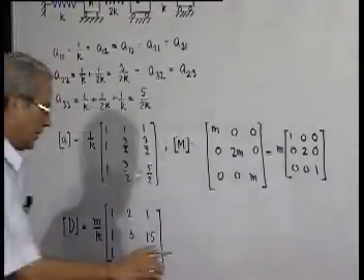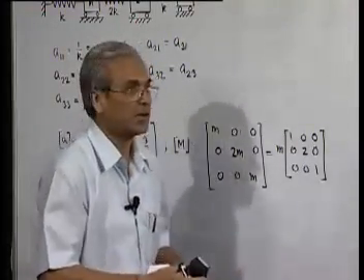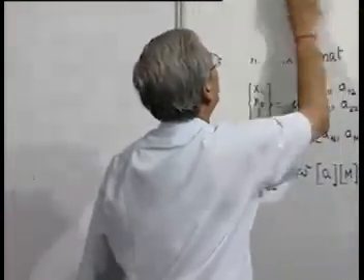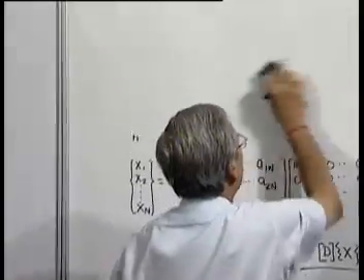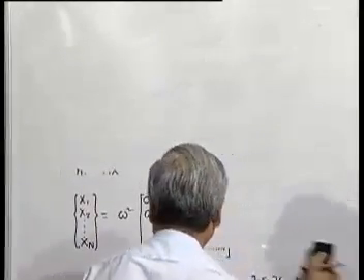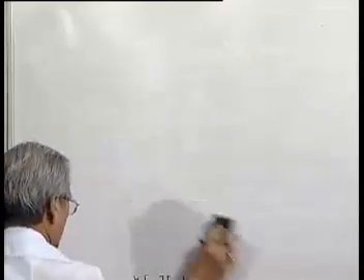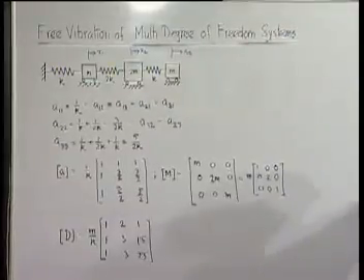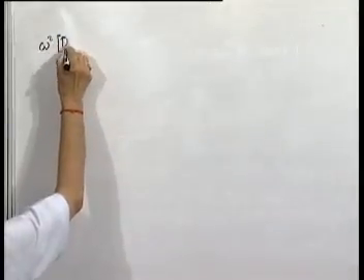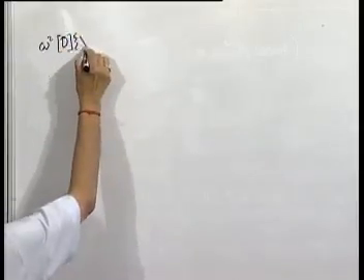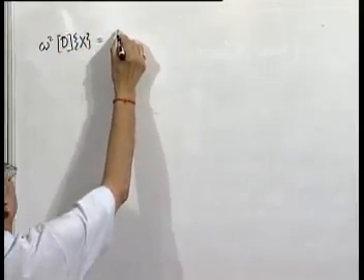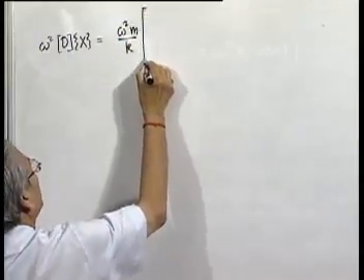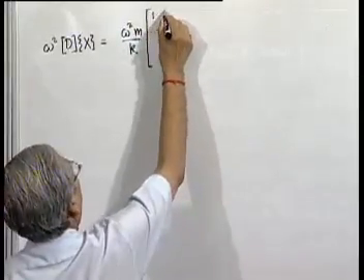So, thus we are now ready for our iteration process. We will write this equation: omega square D x is omega square m by k times the matrix with 1 2 1.